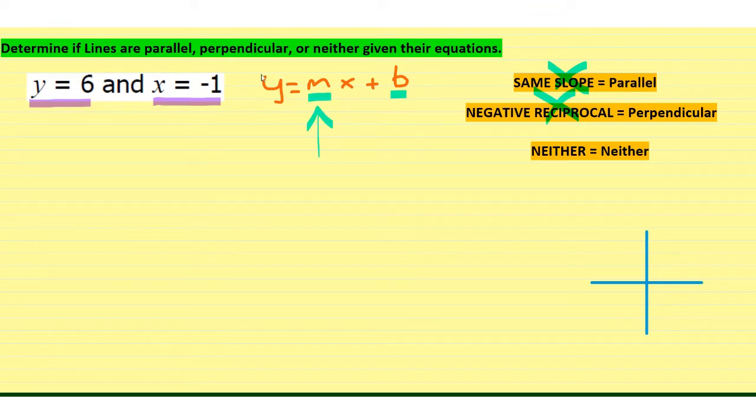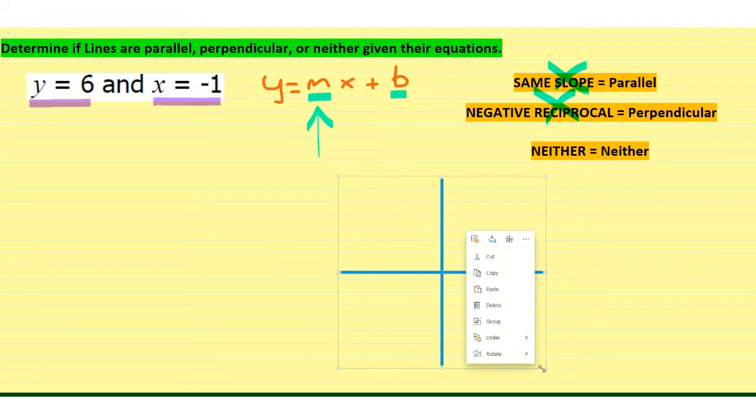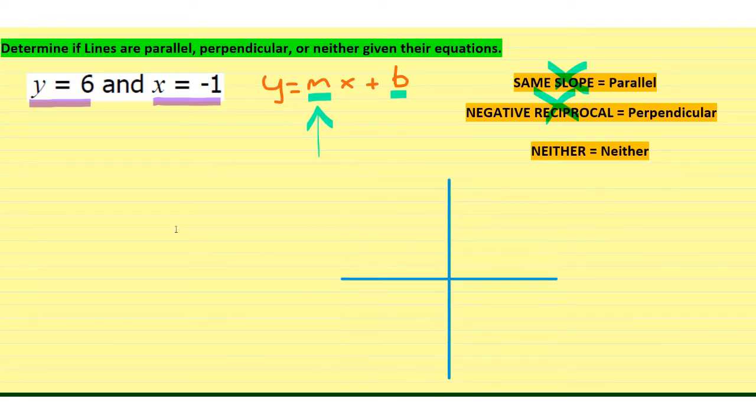So what we are going to do is graph this. I'm going to grab my little coordinate grid over here, and we are going to do a quick graph. We don't have to do a really exact sketch, but we can do a simple one. So y equals 6 means that it touches the y-axis, let's say at 6.